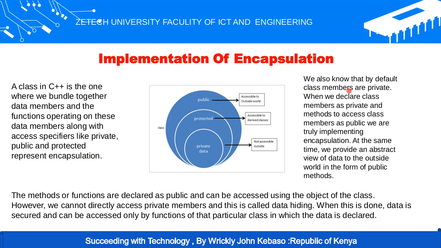Then the other point is that we also know that the default class members are private. What does this mean, class? Whenever you declare variables in a superclass and you don't put public, you don't put protected, you don't put private, the compiler will take those particular variables as private.